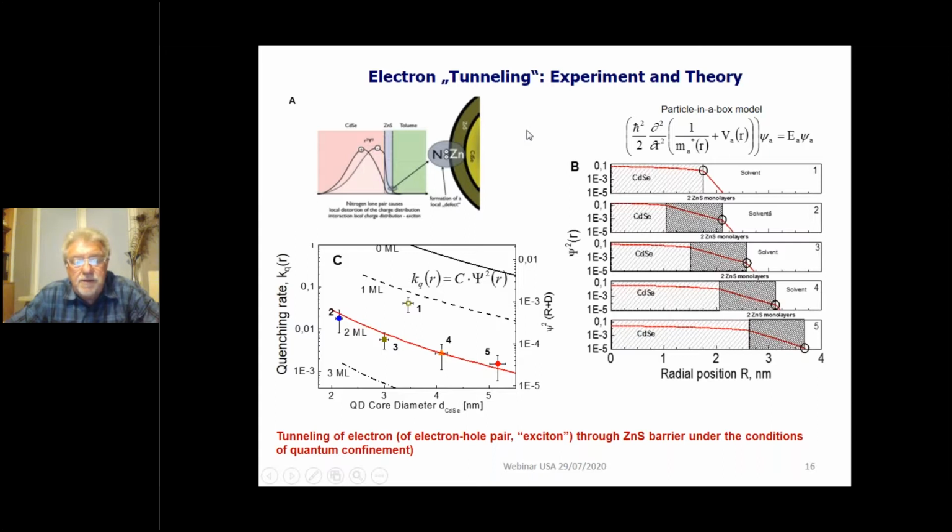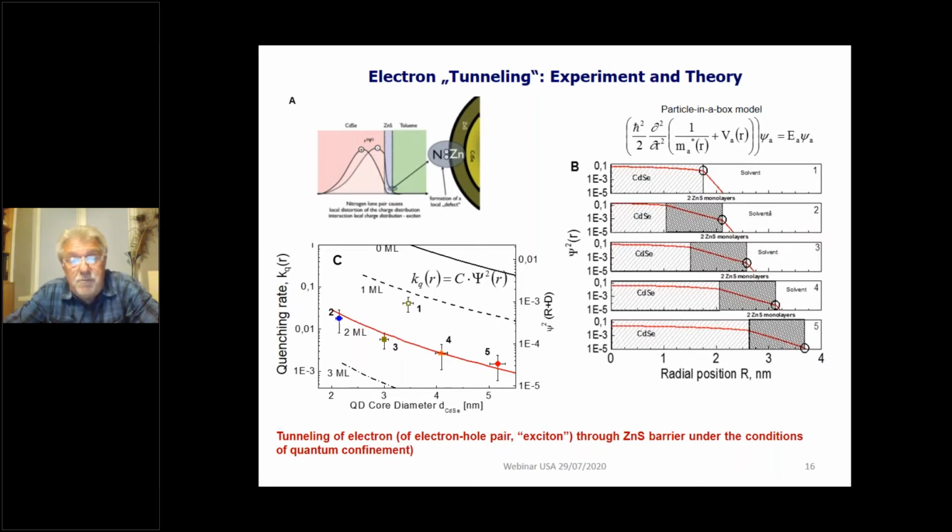We calculated, using quantum mechanics, the squared value of the wave function and compared it with the corresponding rate constants. We received a good coincidence between psi squared and the rate constant. It means that in this case we have tunneling of the electron through the ZnS barrier in the conditions of quantum confinement.